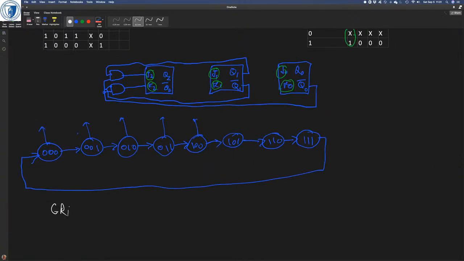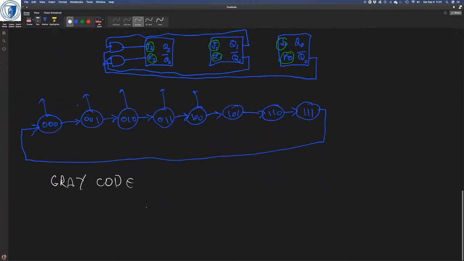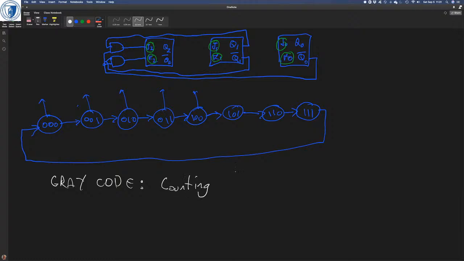Grey codes are a special sort of counting. They're not 0, 1, 2, 3, 4, 5, 6. What they are is counting so that each subsequent binary number differs from the previous one by 1 bit.